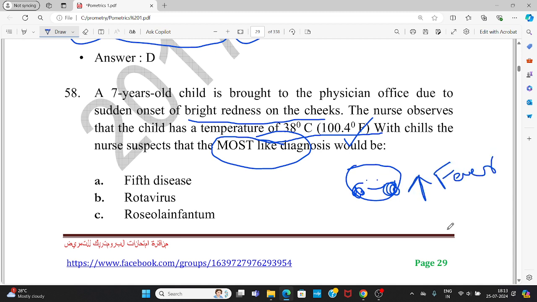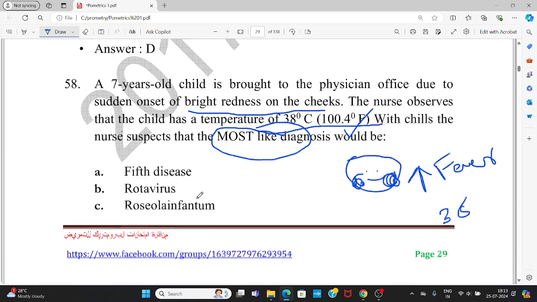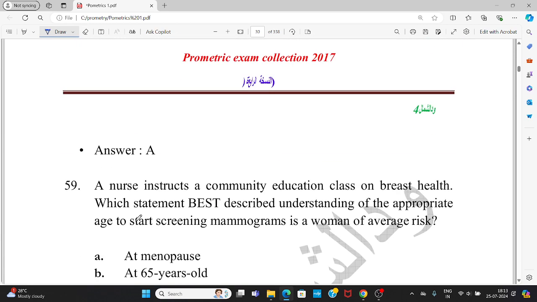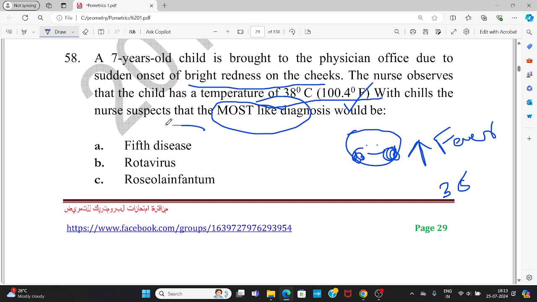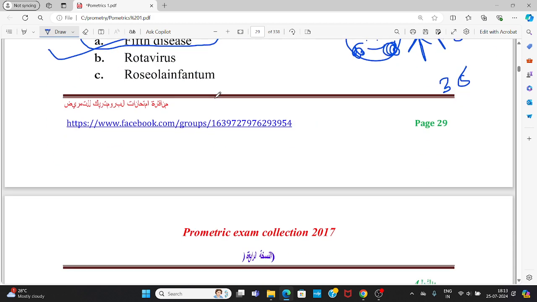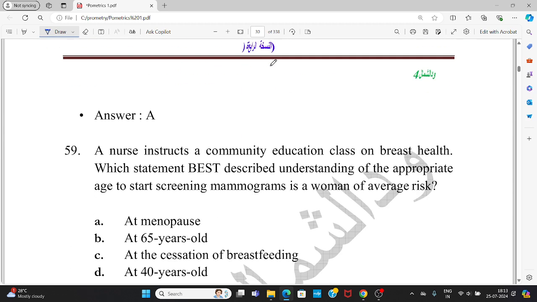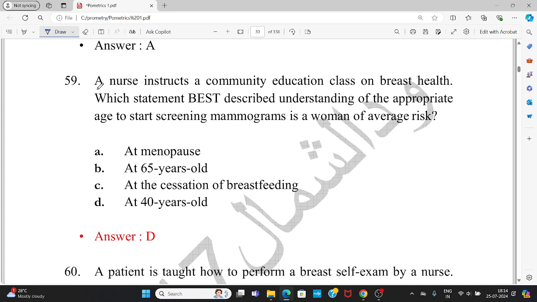Fever is high, that is 38 degrees. So when you have the redness starting in the cheeks, it is fifth disease. Okay, it is fifth disease. Rotavirus is diarrhea. It is not Roseola infantum. It is fifth disease.